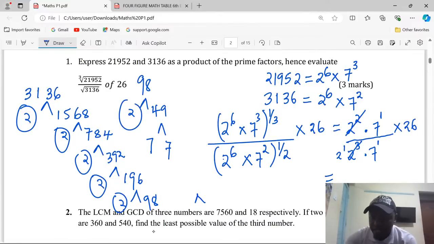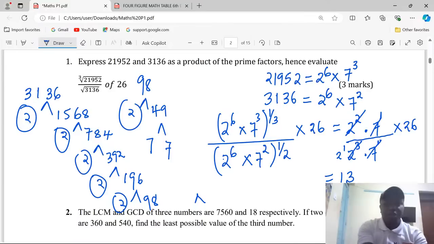So the 7 cancels, because 7 is power 1 and in the denominator it's also power 1. So what we are having is now 26 out of 2 power 1, which is just 26 over 2, and this will finally give us the final answer, which is 13.